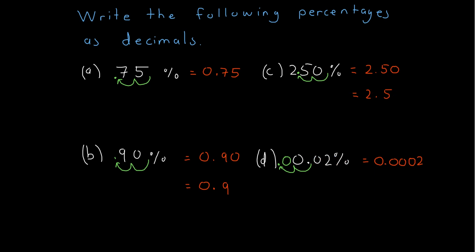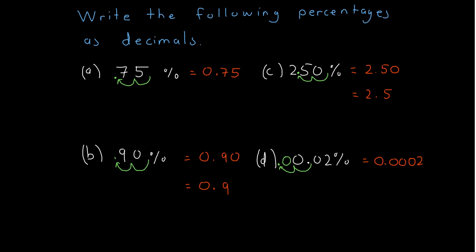So I move my decimal place 2 spots to the left, 1, 2, and now I've got 3 zeros after the decimal point, and I needed to squeeze an extra 0 on here in front of the decimal point, so I've got 0.0002. Very small number, and it's completely fine to have a decimal and a percentage in the one number. It just means that it's a very, very small number.